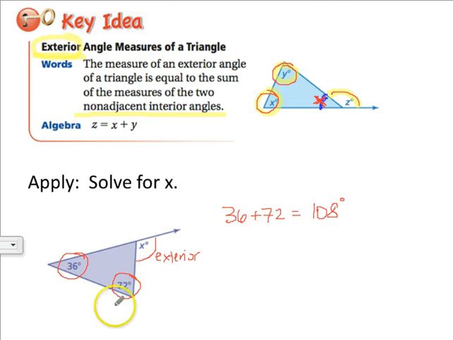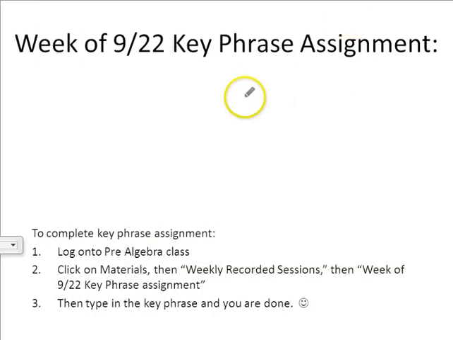So you'll get to practice this week. And that brings us to the end of today's recording, and you guys are ready for your key phrase assignment. I'm going to draw a diagram up here of a triangle that includes an exterior angle.